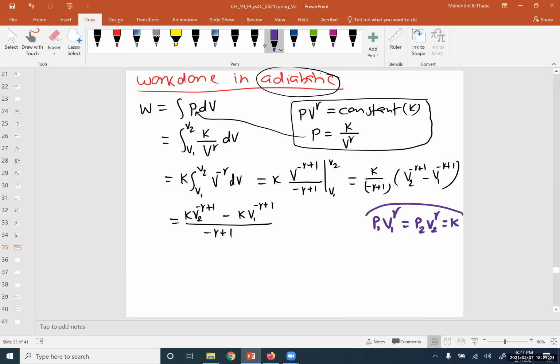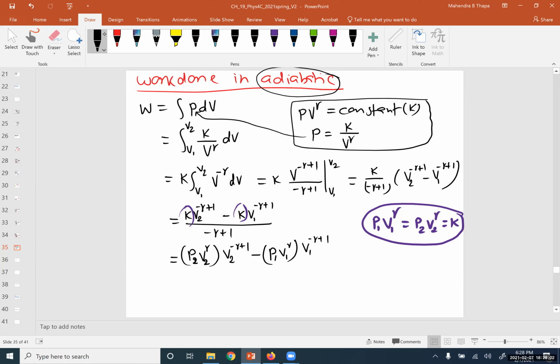So K will be replaced by P2 V2 to the gamma, and we have still already V2 to the minus gamma plus 1. So again K is replaced by P1 V1 to the gamma, and I have already V1 to the minus gamma plus 1, over minus gamma plus 1.